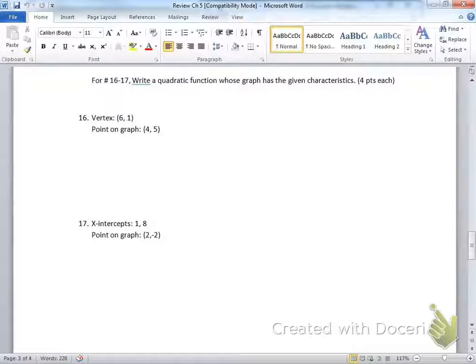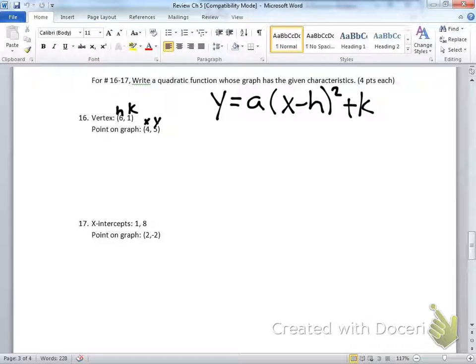So depending on what they give you here, this is where we have to find the A, remember? So for number 16, I would use vertex form. And you plug this in for H, this in for K, this in for X, this in for Y. Solve for the A, rewrite it.